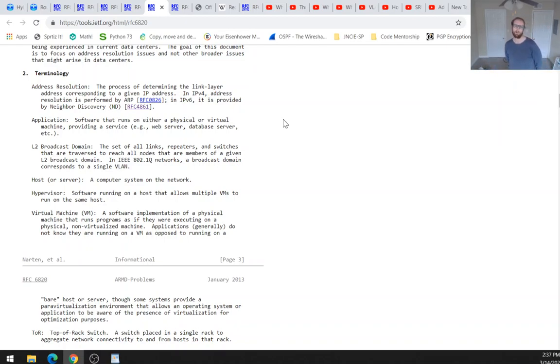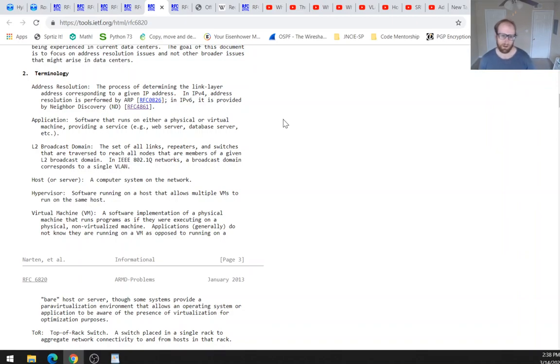Application: software that runs on either a physical or virtual machine providing a service, for example, web server, database server, etc. L2 broadcast domain: the set of all links, repeaters, and switches that are traversed to reach all nodes that are members of a given L2 broadcast domain.